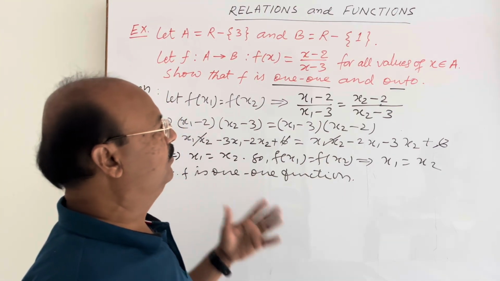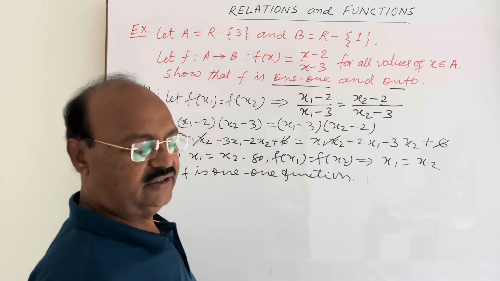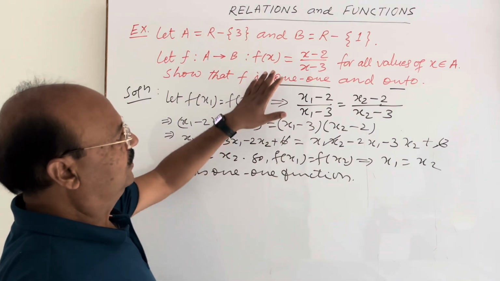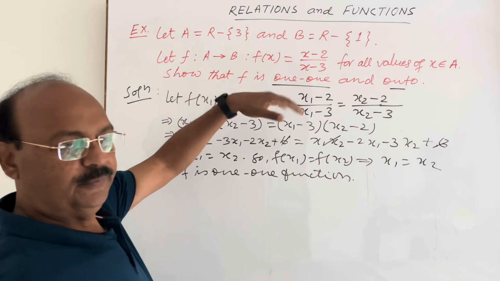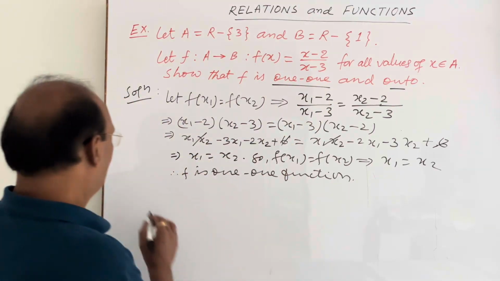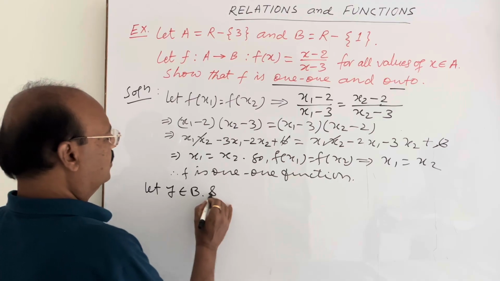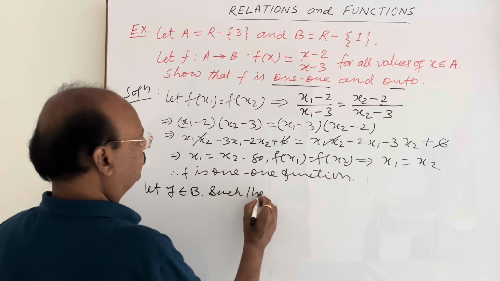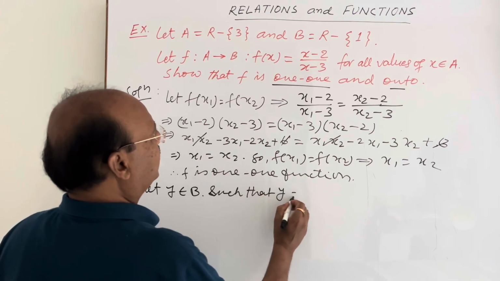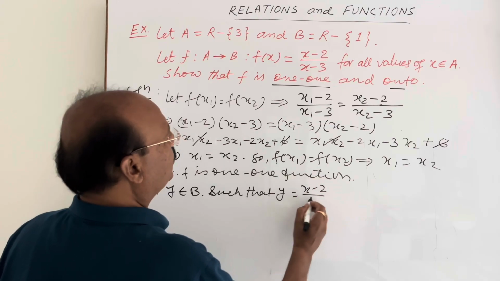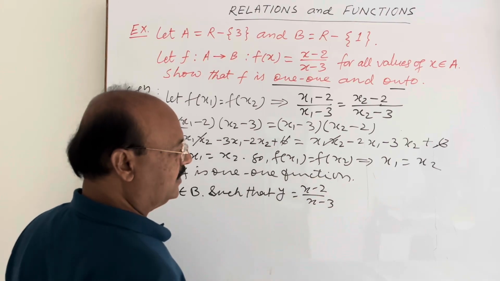Then this function will be an onto function, correct? So here we will suppose that y belongs to set B. Let y belong to set B such that y is equal to (x minus 2) upon (x minus 3).